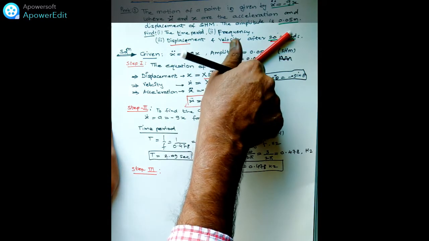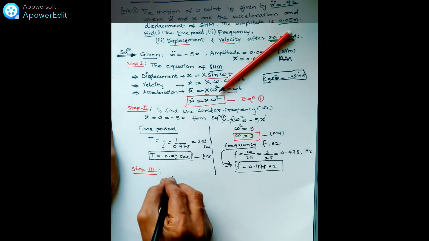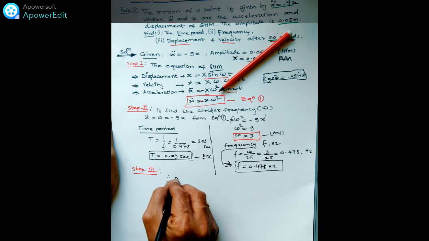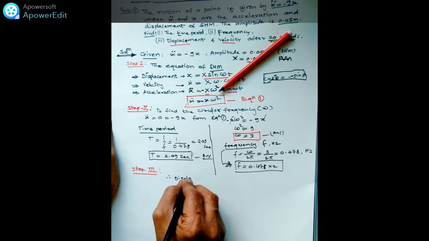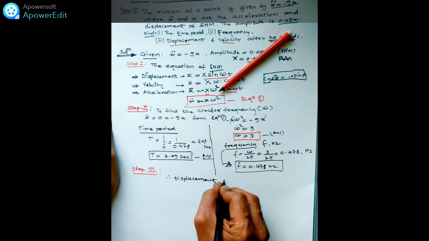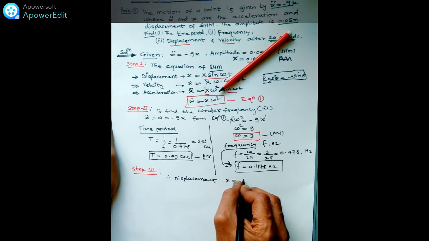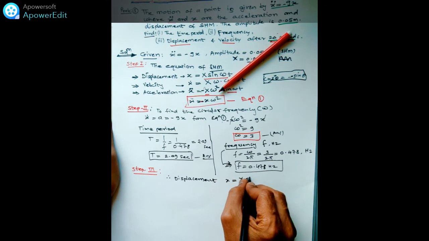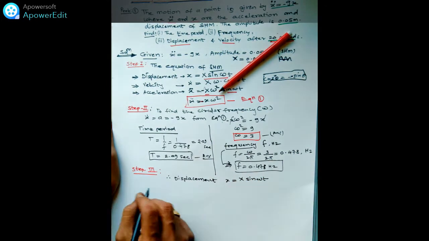For this purpose, what will we require? We consider the equation. Displacement is equal to, what is that equation? Already we have considered the generalized equation for SHM, and the displacement is equal to x into sine of omega t. This is the equation for the displacement.